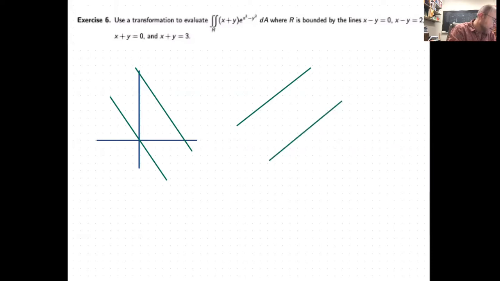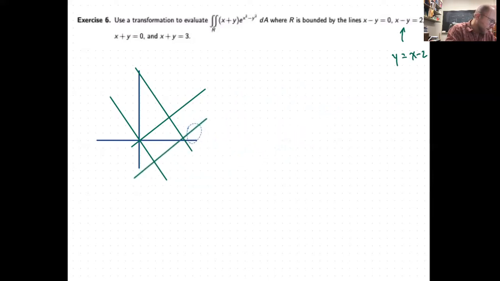Okay, I think those are parallel. So x minus y equals 0, so we'll have to go through like that. And x minus y equals 2, sorry, I'm going to have to actually figure this out. That would end up being y equals x minus 2. So it should end up having a negative intercept.